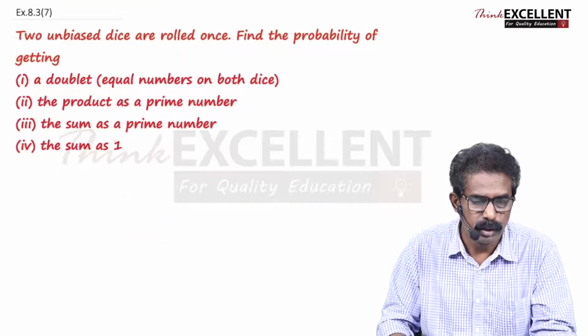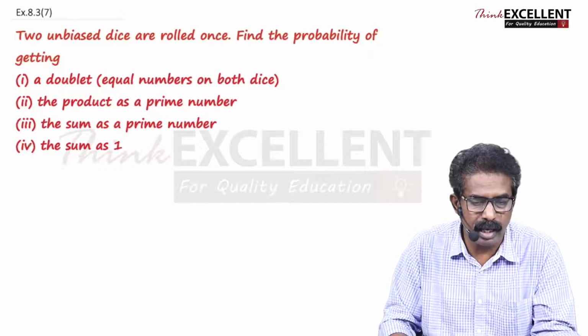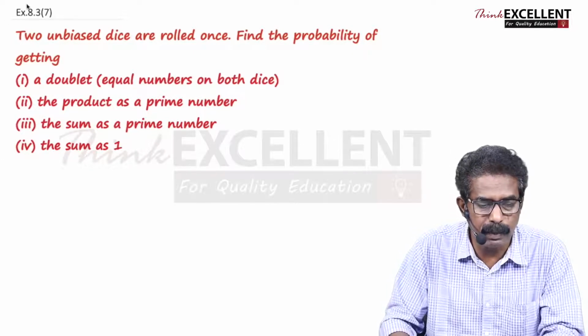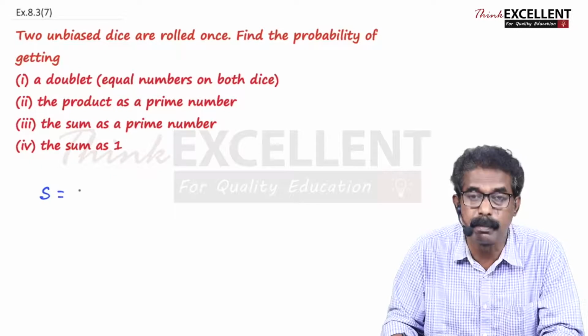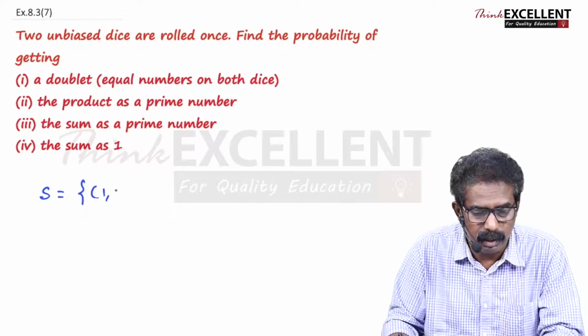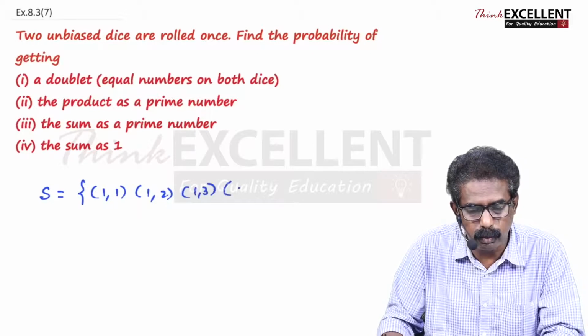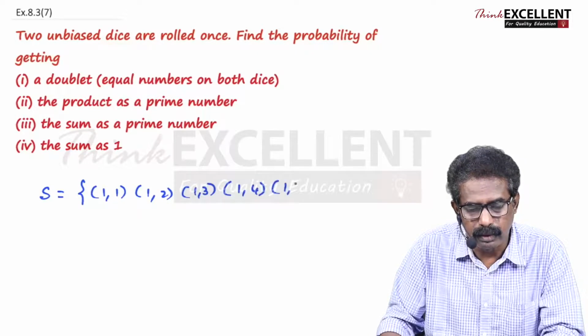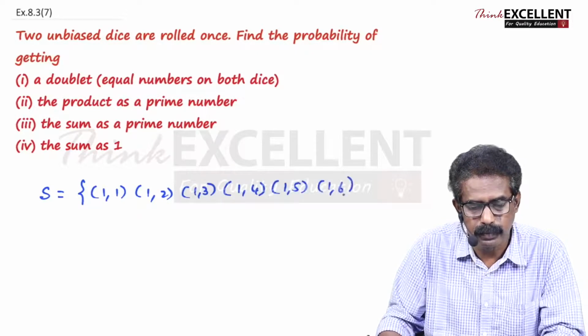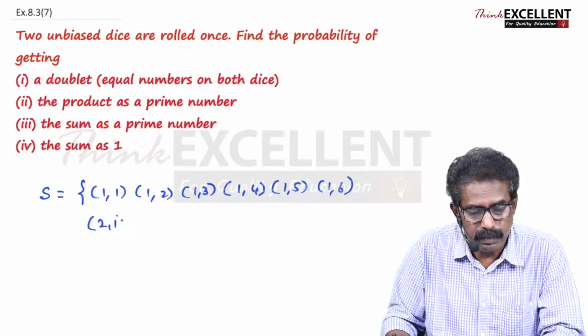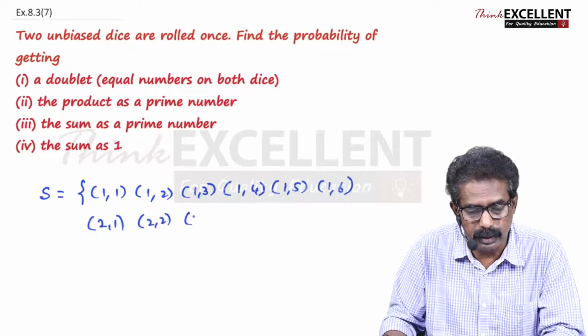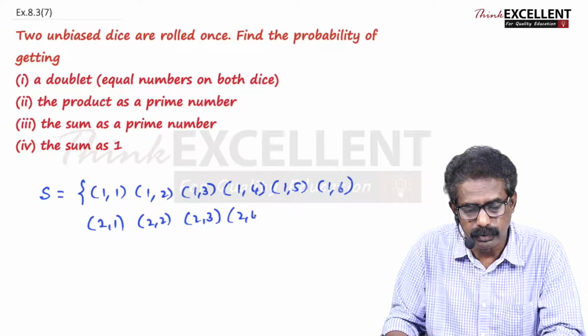Listen carefully. 2 unbiased dice are rolled. So you know the sample space, the 36, right? 1 1, 1 2, 1 3, 1 4, 1 5, 1 6. If it's a 5 mark question, better you write everything, okay? 2 4, 2 5, 2 6.